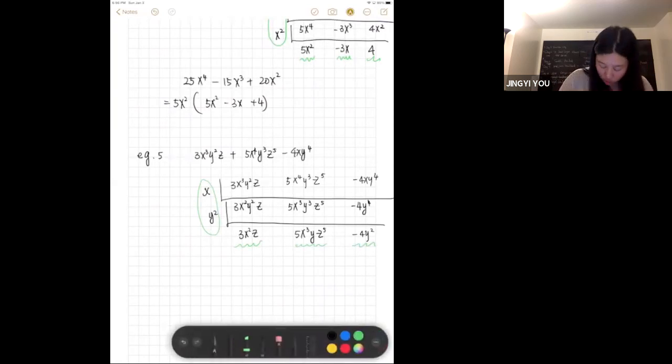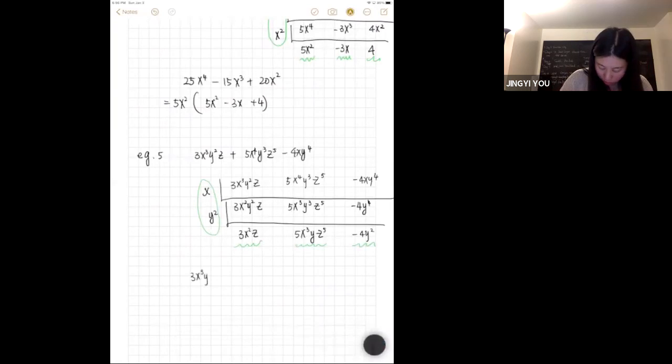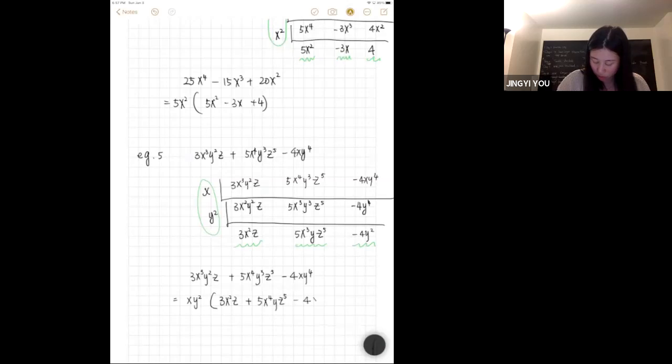So the solution should be the greatest common factor, x times y squared. What remains? 3x squared times z plus 5x to the fourth y z to the fifth minus 4 times y to the fourth.